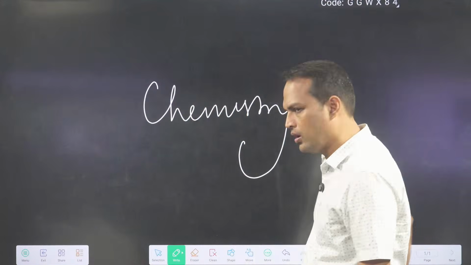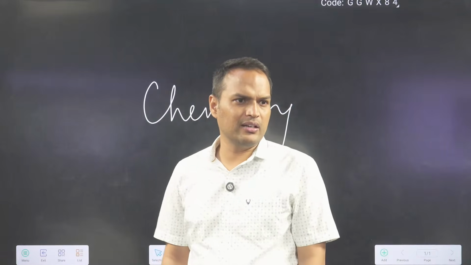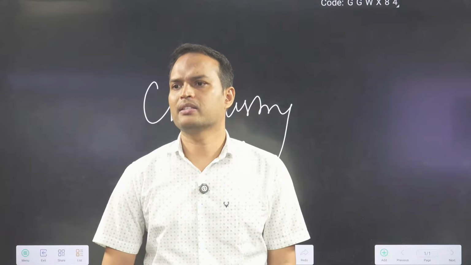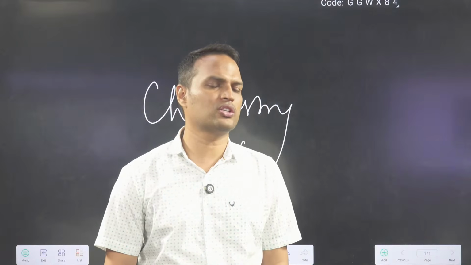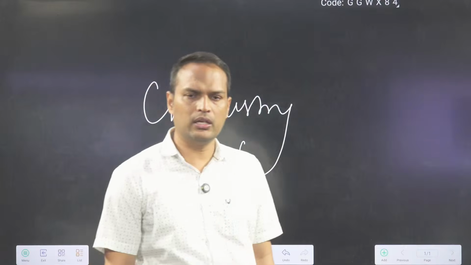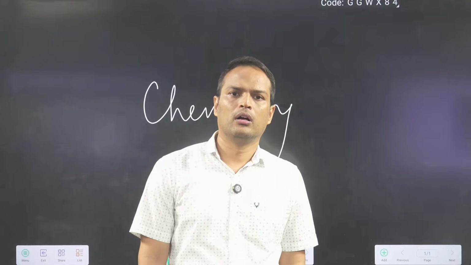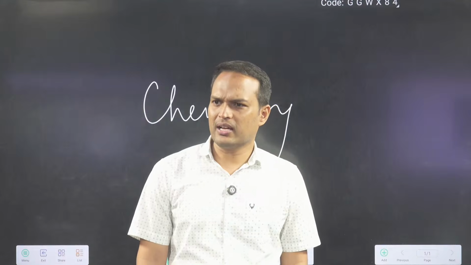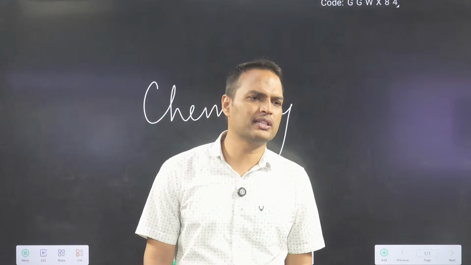So in the last class, we have written some questions we gave for homework, and some diagrams, Lewis dot structures, we have also made. Two methods are there. We have written some rules in the last class.